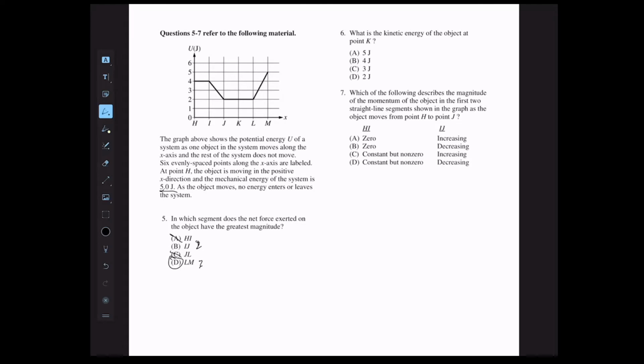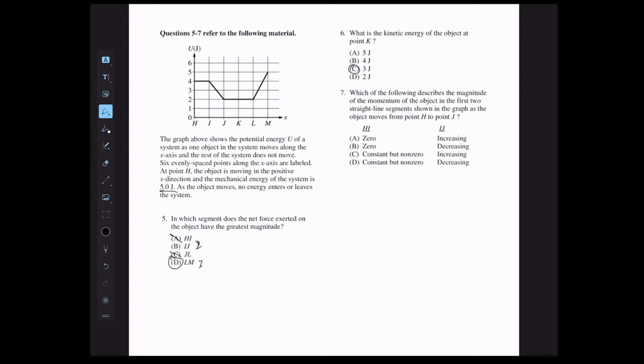So what is the kinetic energy of the object at point K? So at point K, let's see, the total energy is 5 joules at all times. And at point K, the potential energy is 2 joules. So that means that the kinetic energy is 3 joules.